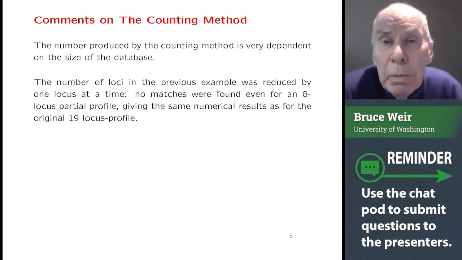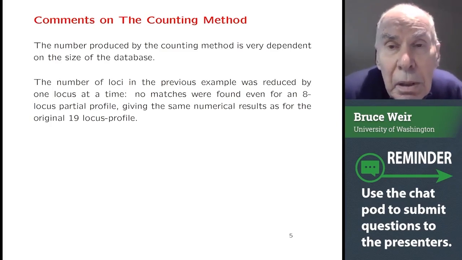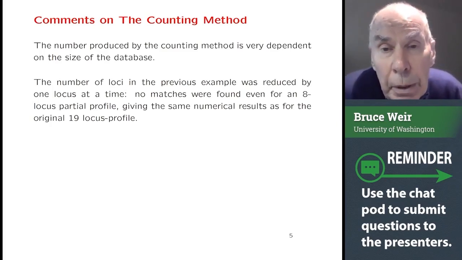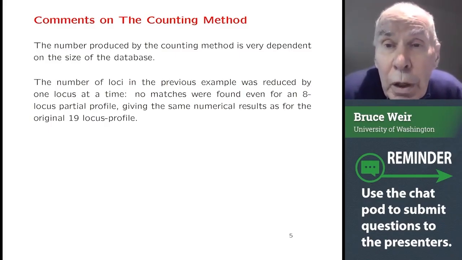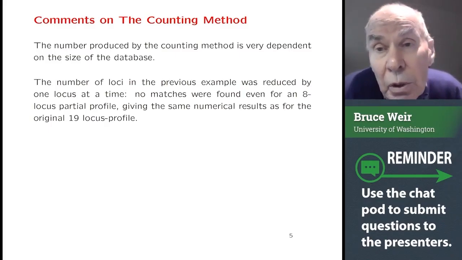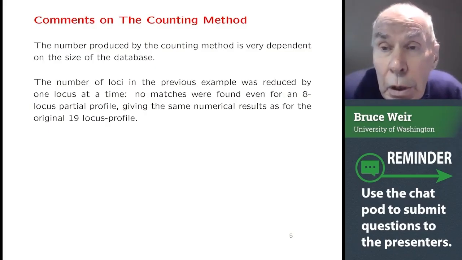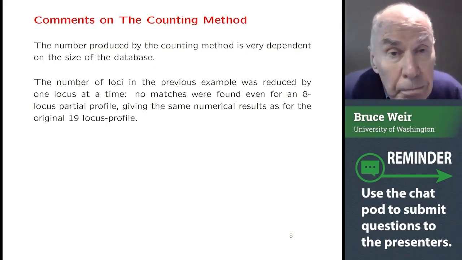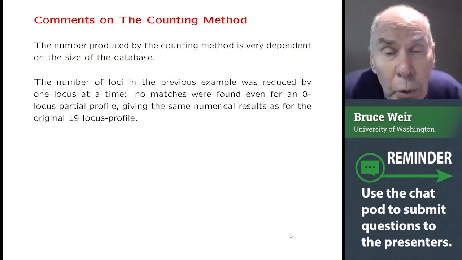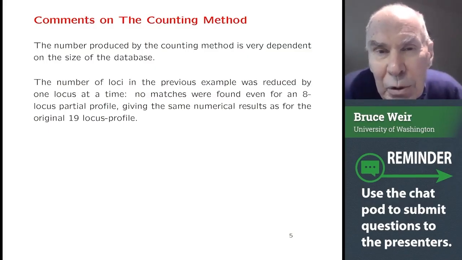So the counting method is very dependent on the size of the database. If we change the database size, we add a few more profiles, we'll change the answer, not only the potential number of matches, but certainly will change the confidence limit. More importantly, though, we get the same answer for different numbers of loci.